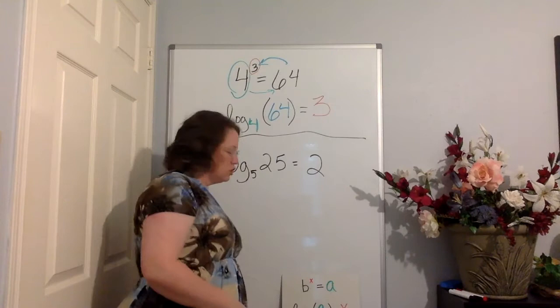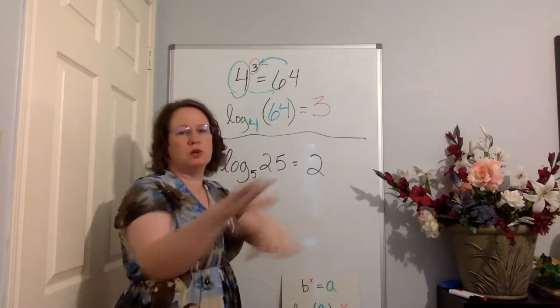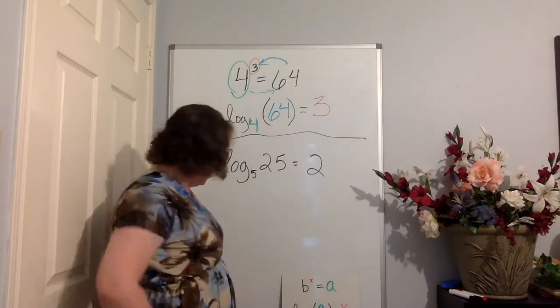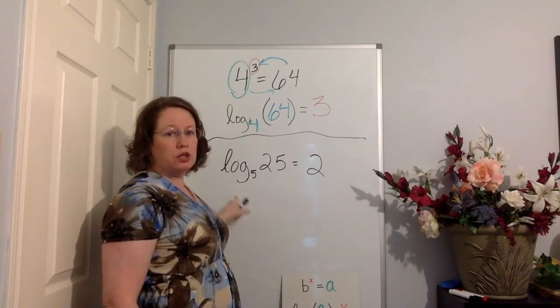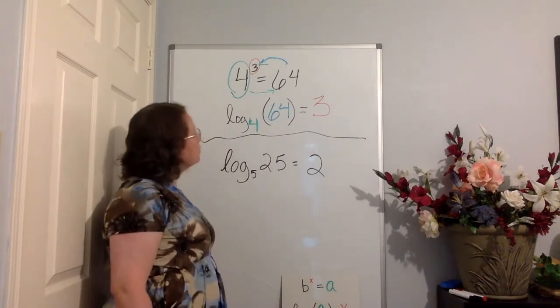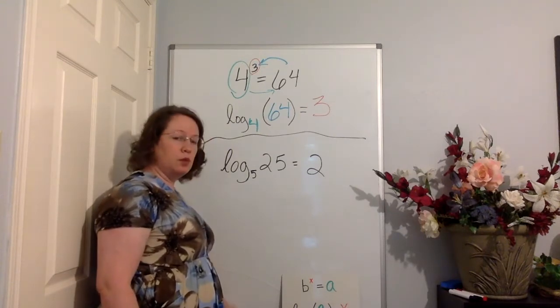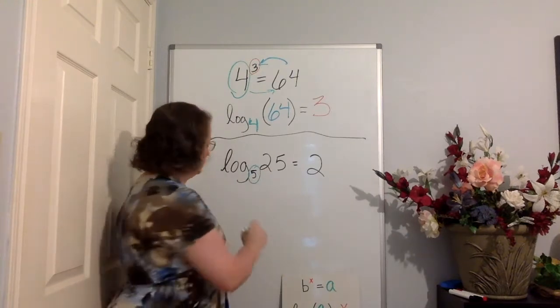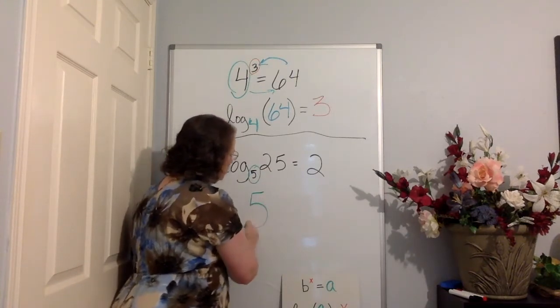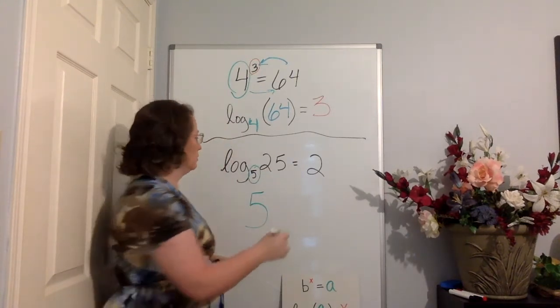Think of it like you're shuffling cups on a desk. You're just rearranging them. That's all we do. Now we're going to do the same thing with the log and turn it into an exponent. Once again, we start with the base. The base is the little baby number. I write my base down, only now it becomes really big.